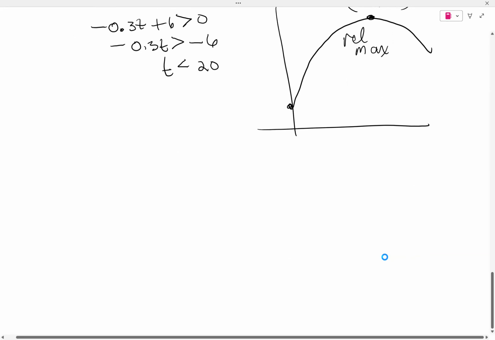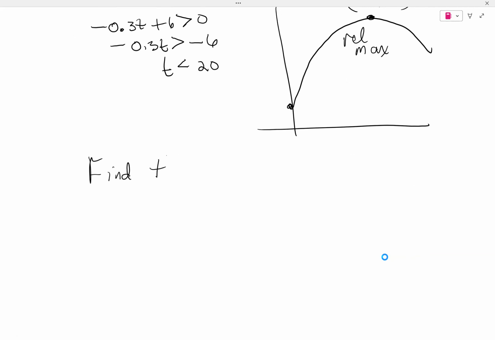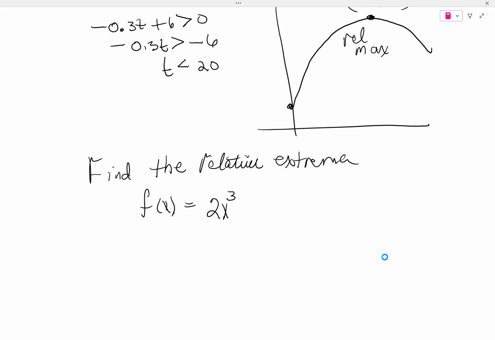So in this case, this would be a typical question: find the relative extrema, and they're giving you f of x equal to 2x cubed minus 3x squared minus 72x plus 15.